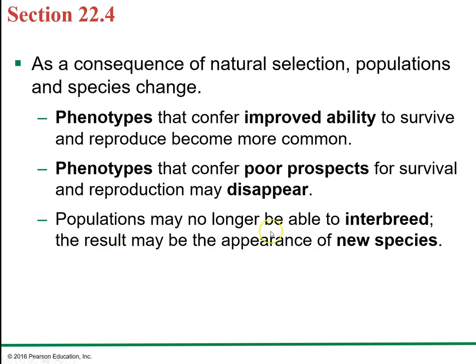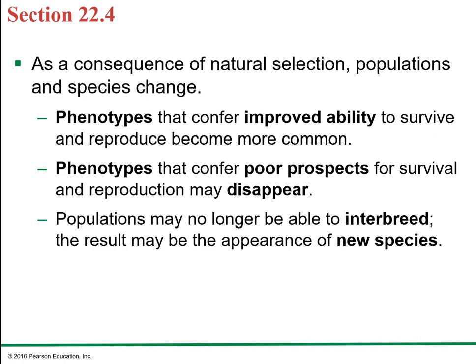It says populations may no longer be able to interbreed, and the result may be the appearance of new species. If you see separate phenotypes arise in a given population over time, those two separate phenotypes may actually become new species. So we talked about the difference between microevolution and macroevolution.